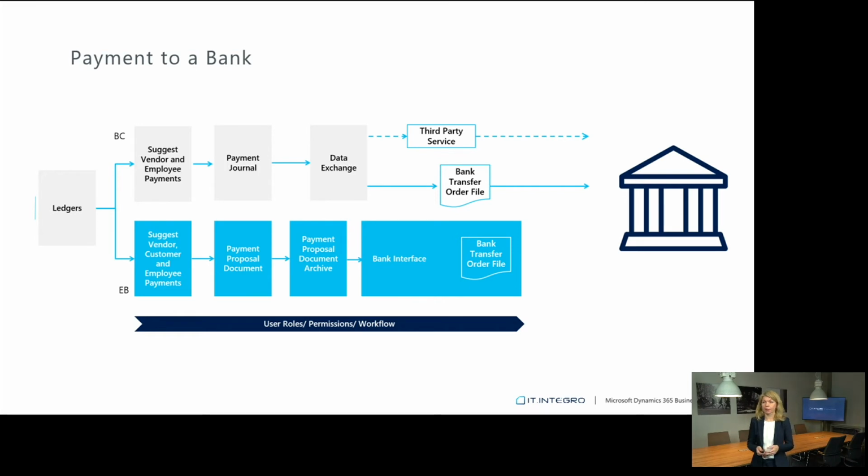Payment proposals can be created on the basis of predefined templates where you connect the application with your bank, and also directly from selected entries. And of course, you can also define user roles and also workflow and approval steps.